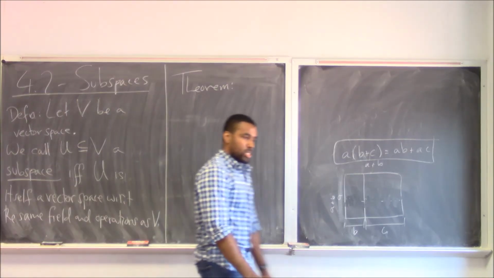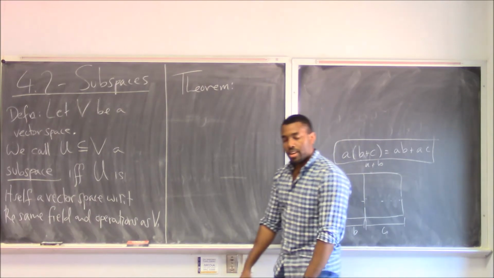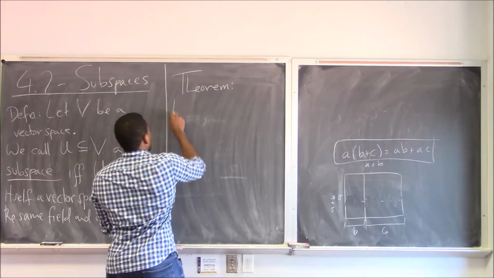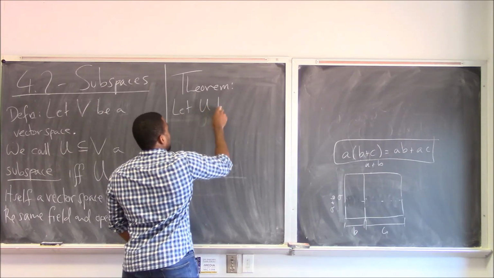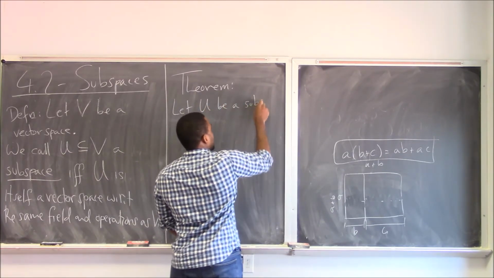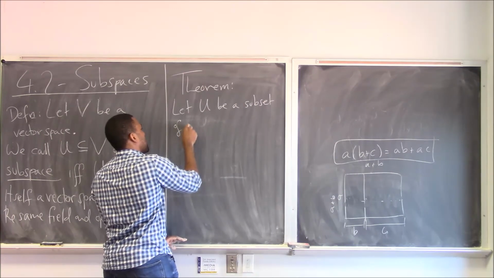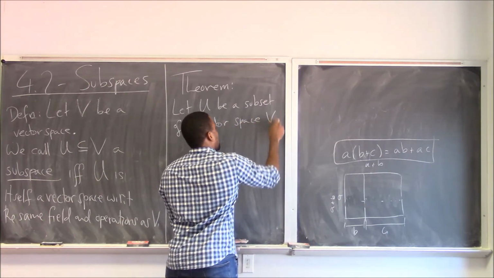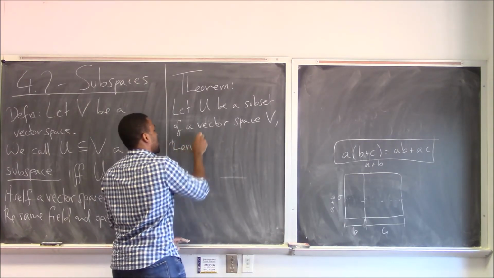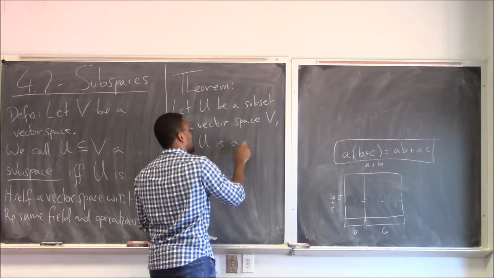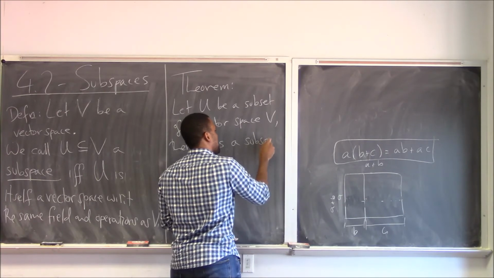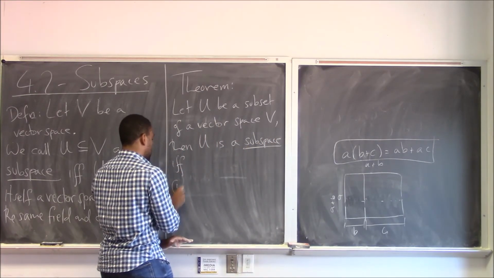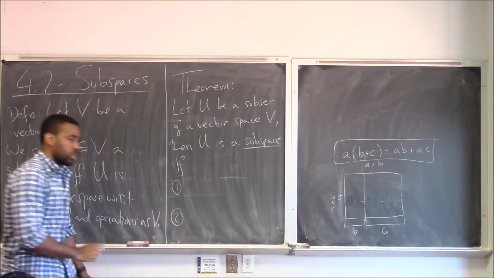Here's a nice thing about subspaces. You can get away with verifying two axioms. Let U be a subset of a vector space V. Then U is a subspace if and only if there are two things you can check.